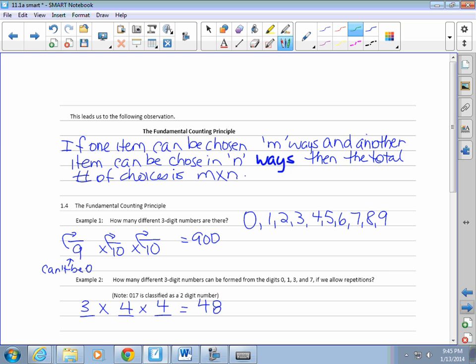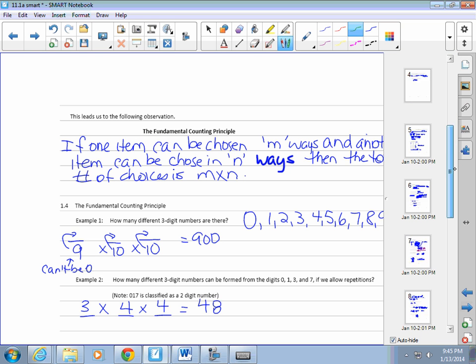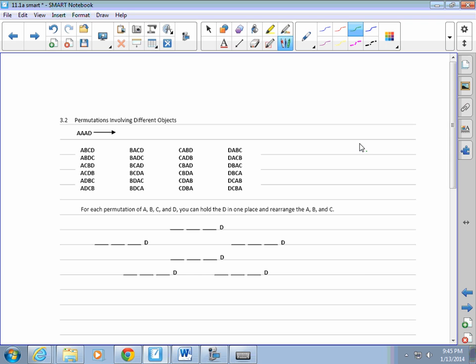Oh, now I have to go back down to my last page, or my pages here. So, when I had a triple AD, that's the way. It says for each permutation ABCD, you can hold the D in one place and rearrange ABC.